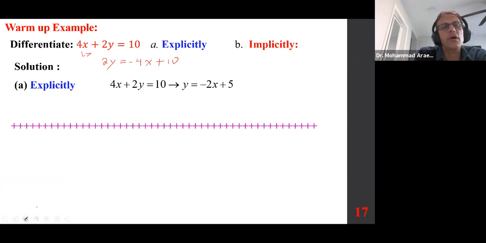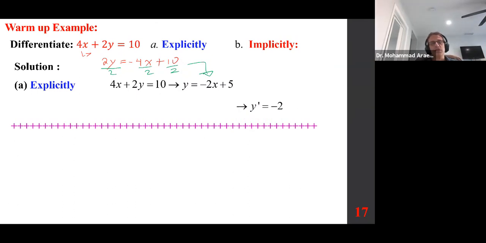We are going to divide both sides by number 2. And we get to this answer. Needless to say, y prime or dy dx is negative 2. It's very simple, class.